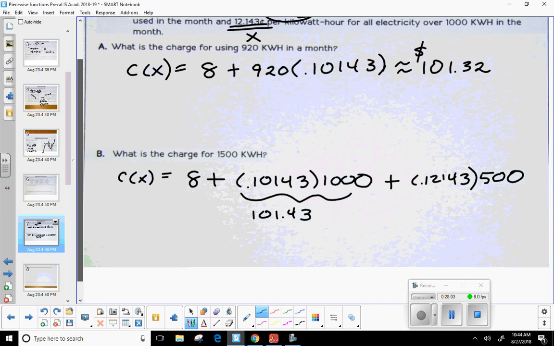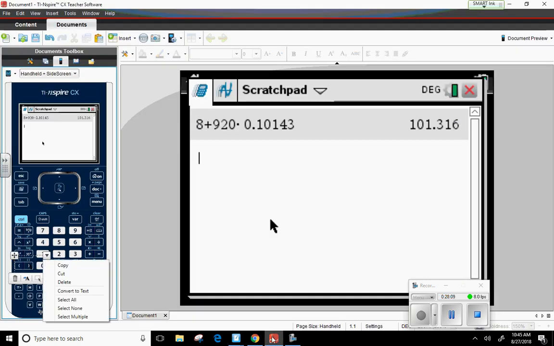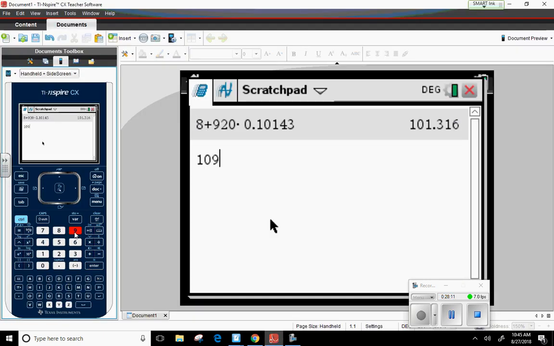But I'm going to go ahead and just streamline this. Remember I said that was just 109.43? So I'm going to come on over here and delete that. $109.43 plus, it was 0.12143, is that right? Times the 500. Parentheses. Times the 500. Yep, not 5,000. We're not going to go 5,000 hours.